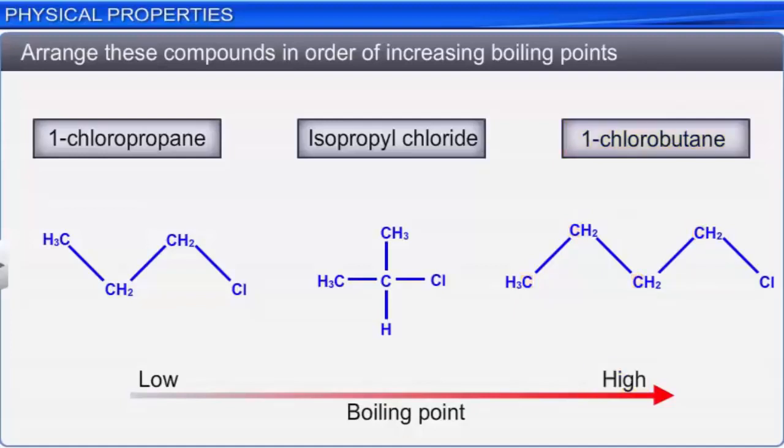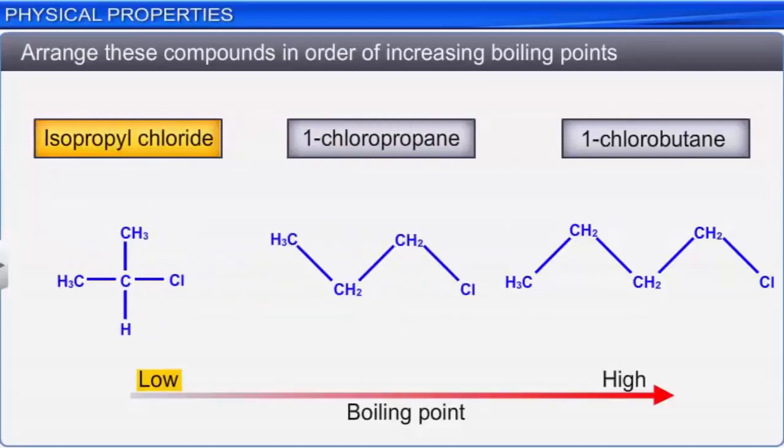The other 2 compounds have 3 carbon atoms each, but one chloropropane is a straight chain, while isopropyl chloride is branched. Branched molecules have lower boiling points. So, isopropyl chloride should have the lowest boiling point. 1-chloropropane is in the middle.